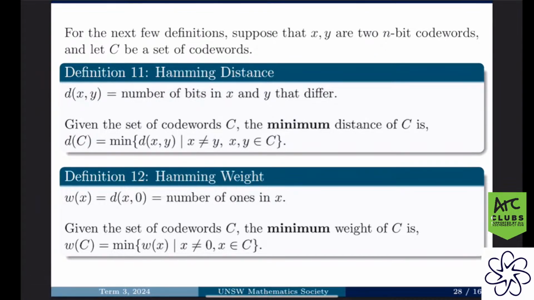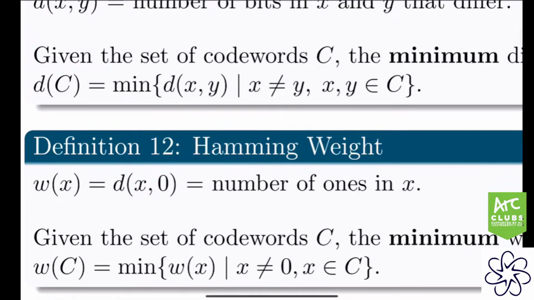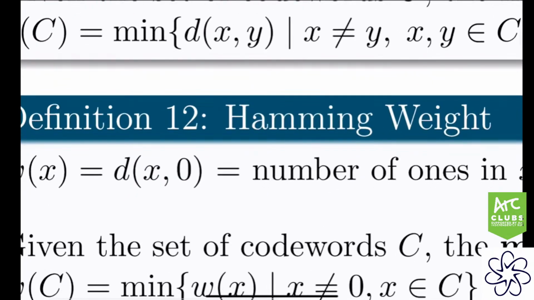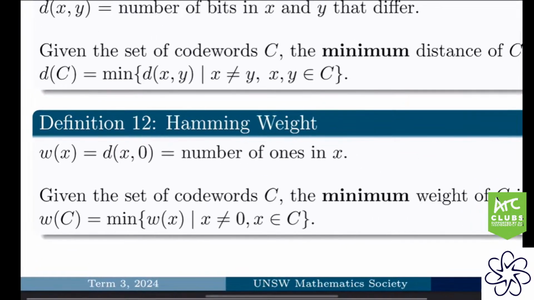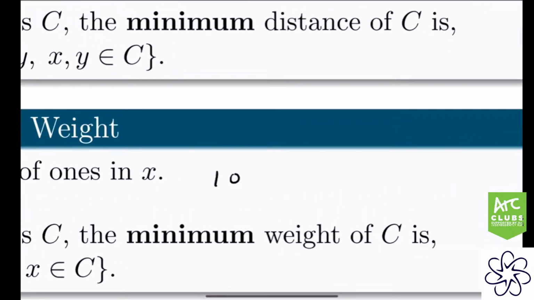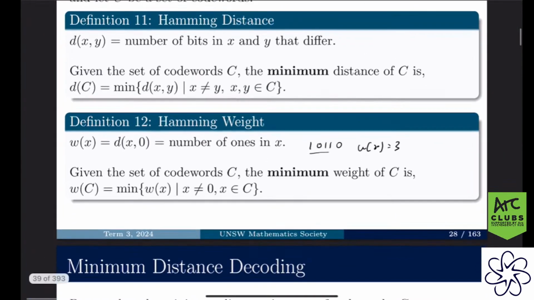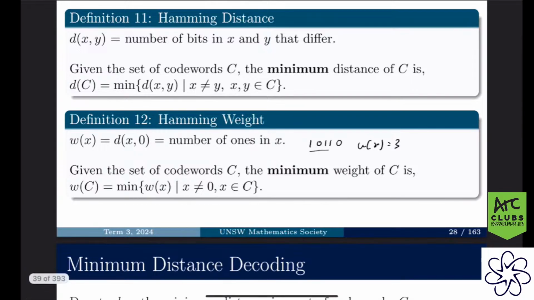Hamming weight, however, is defined off distance, and it's just the number of 1s in a code word, or the distance between the code word and 0. So if I had a code word 10110, there are 3 1s, so the weight is 3. Similarly, the minimum weight is the smallest weight in the set of code words C.